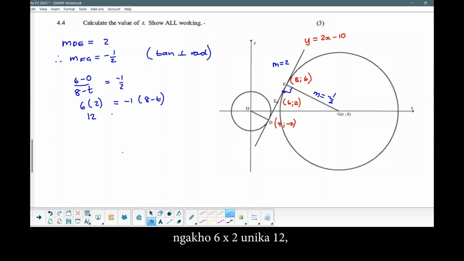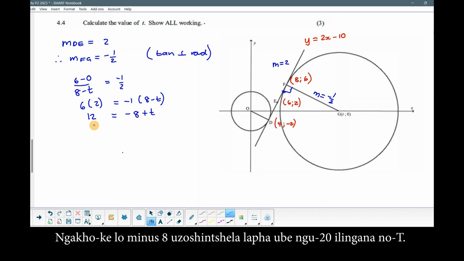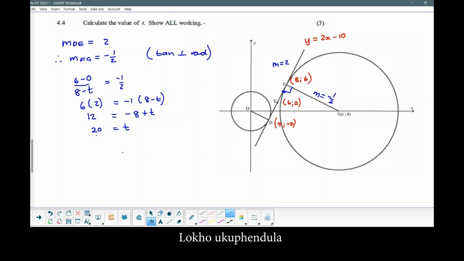So 6 twos are 12. You get negative 8 plus t on the right-hand side. I'm going to move my negative 8 onto the left-hand side. So this negative 8 is going to move over here to become 20 is equal to t. And that's your answer.